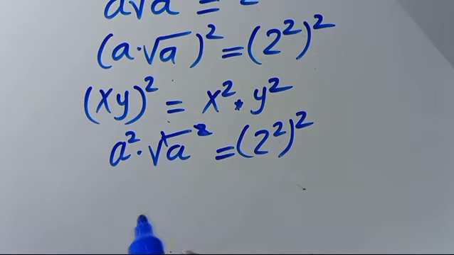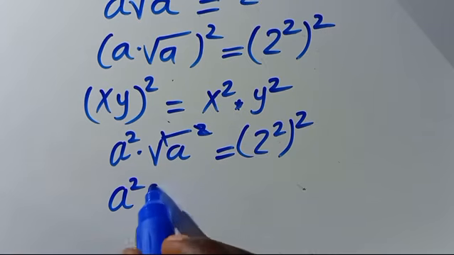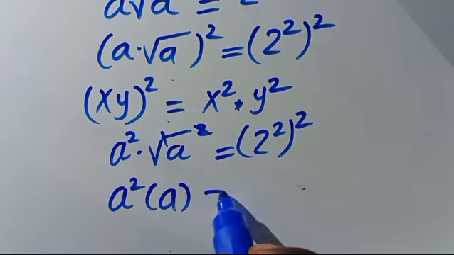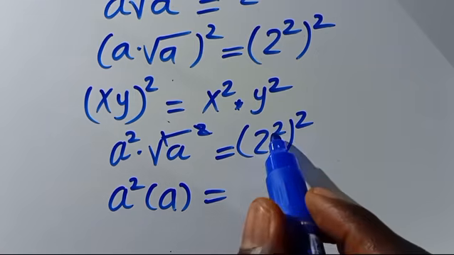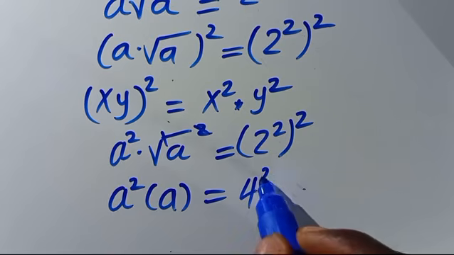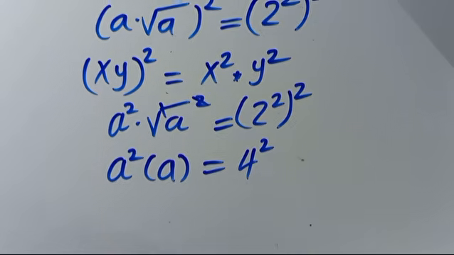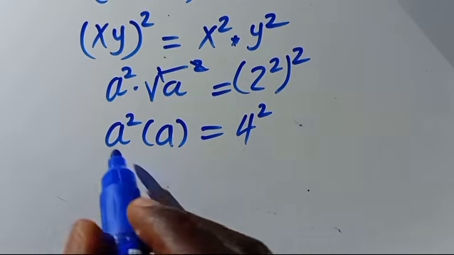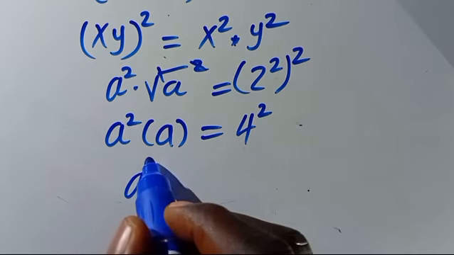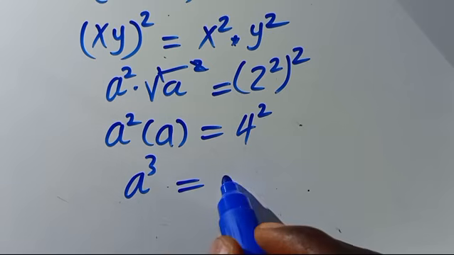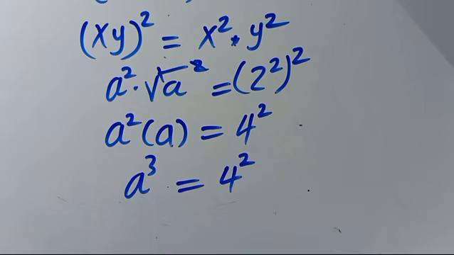We cancel this out. We have a square times a equals, this will be 2 to the power of 2 is 4 square. Now a square times a to the power of 3 equals 4 to the power of 2.